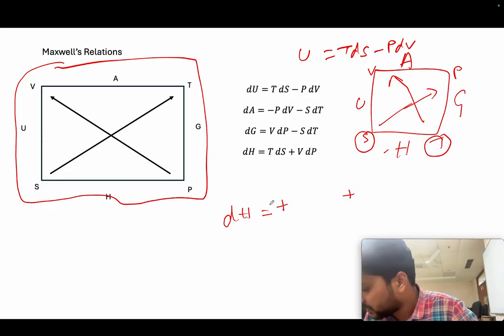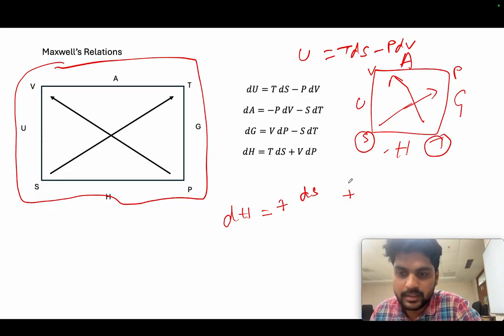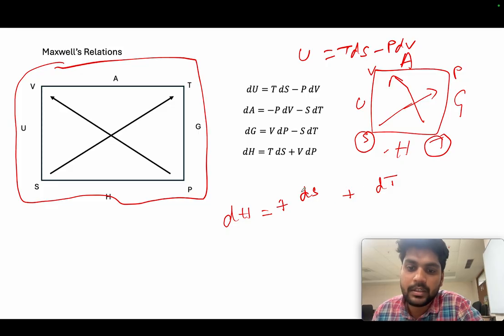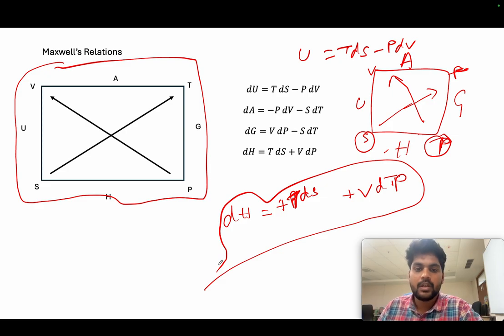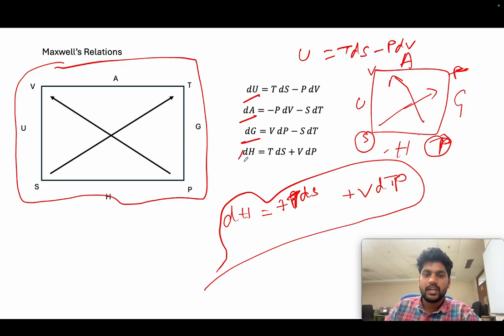It will be dS and it will be dT, and the opposite will be the same thing. So p, sorry, it will be T, right? It is T, it is p, so it will be V dp. Is it clear, how to find it from the mnemonic diagram? You can do the same thing for delta G, delta A, delta U, and delta H also.